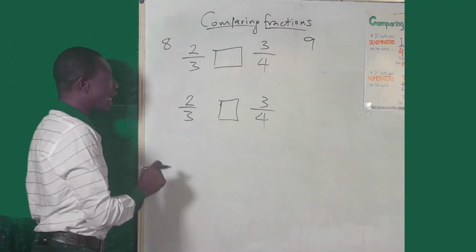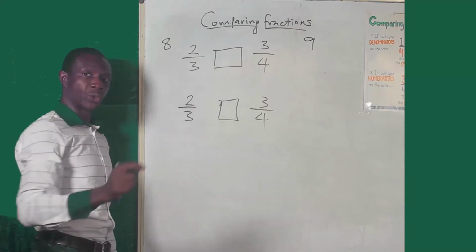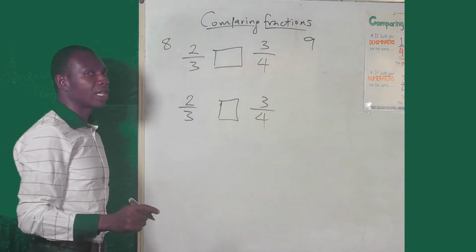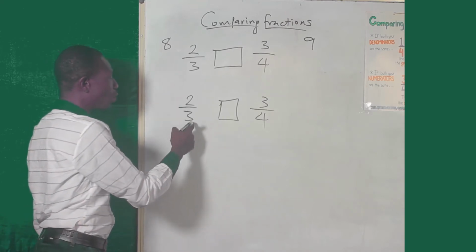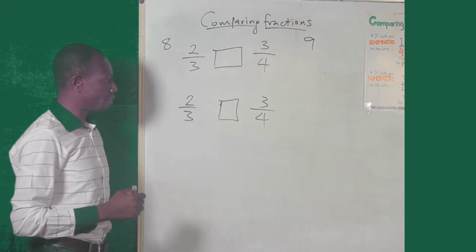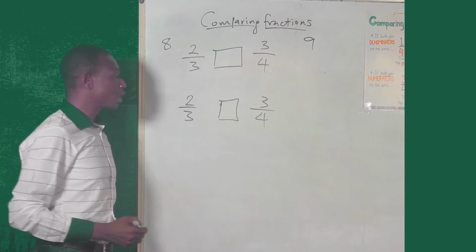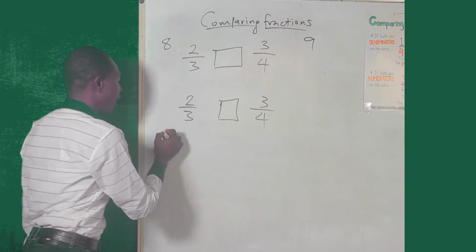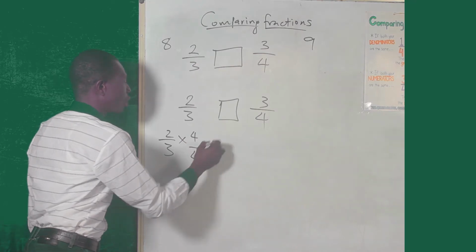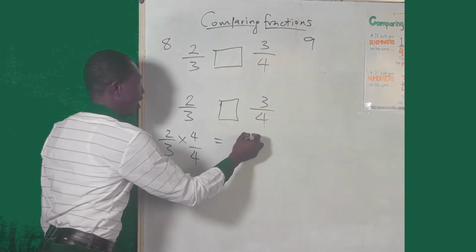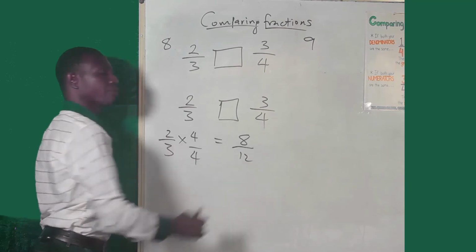That is, what can 3 and 4 go into? 12. You are right. So, what can I multiply with this 3 to give me a 12? You're going to multiply with 4. So, you're going to multiply here the numerator and the denominator by 4. So, you are going to have 8 over 12.